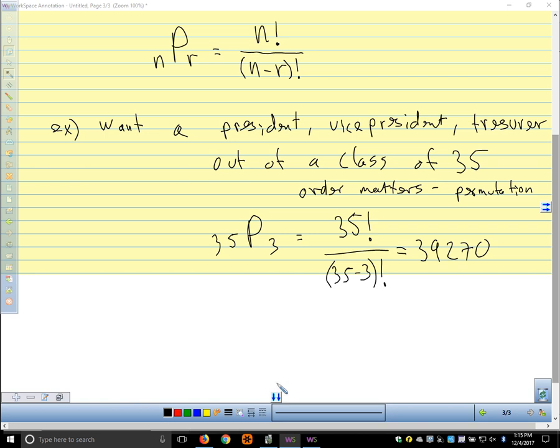Now, I want to look at another example that's similar to the one we did before with all the letters of the alphabet, how many different ways we could arrange them. That one turns out it is a permutation because we have a specific letter that's first, a specific letter that's second, specific letter that's third.